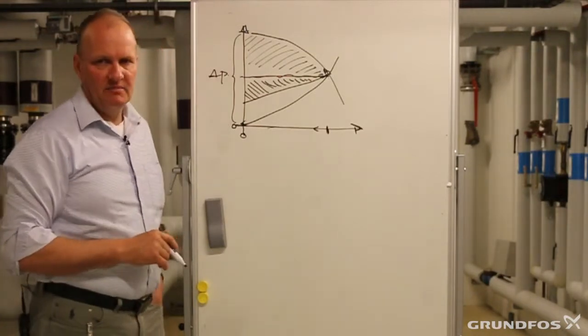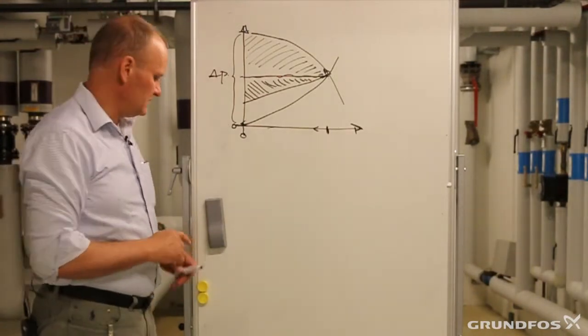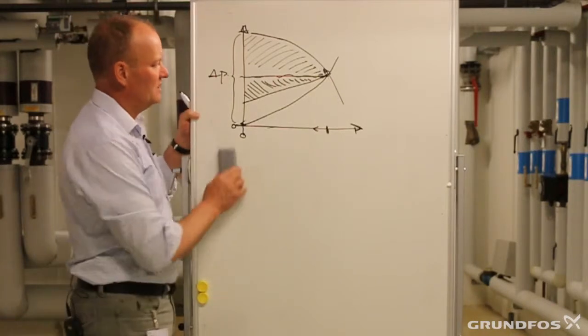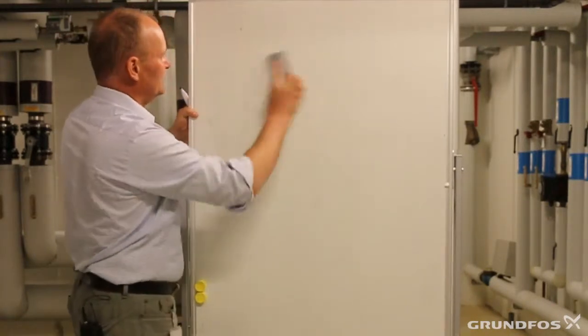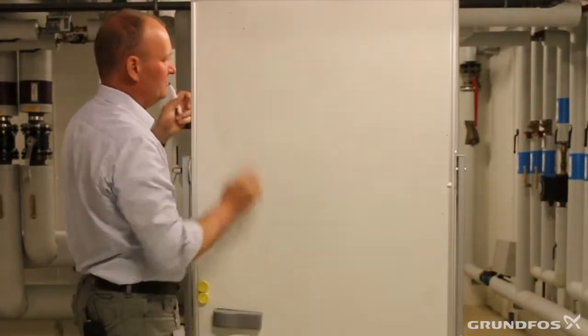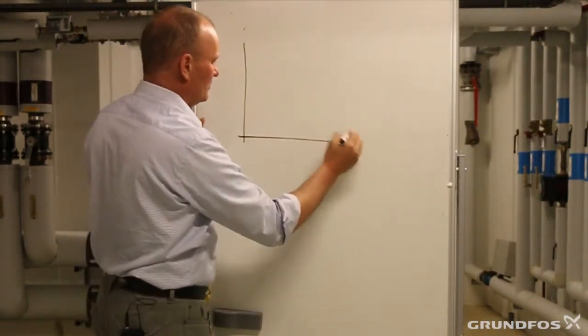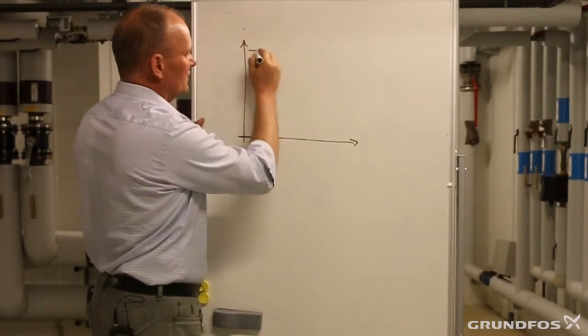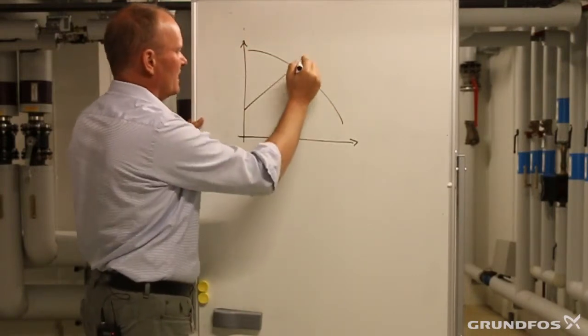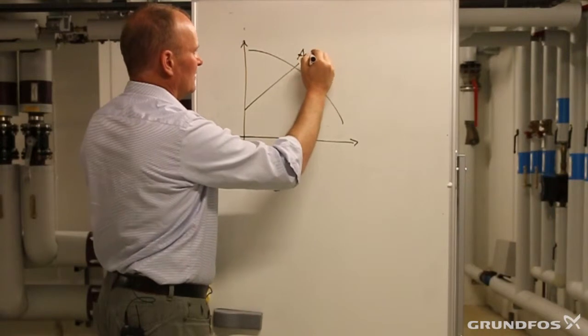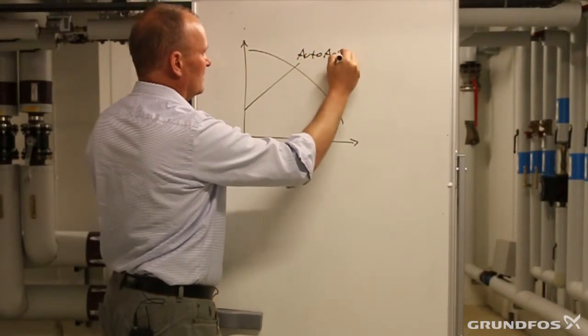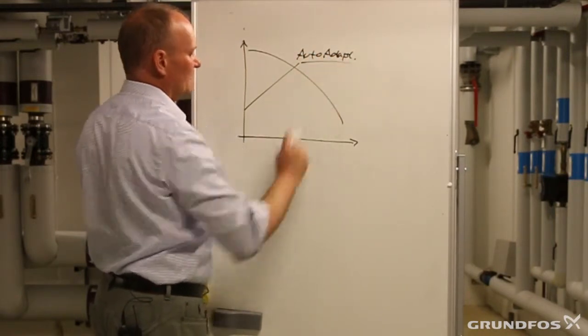But actually in our Magna pumps we have a third option which we have not dealt with before. And I think in order to show you that, we need to make a completely new control curve, which we call auto-adapt.